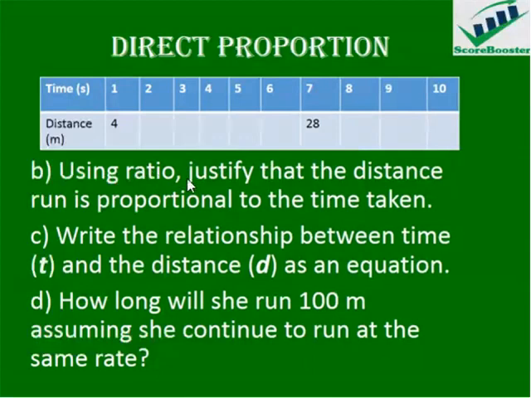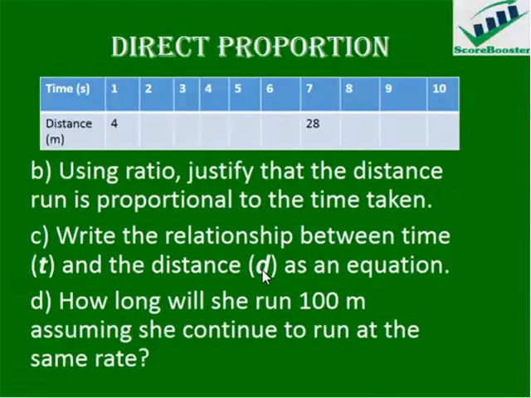So we have to find the ratio that justifies that distance run is proportional to the time taken. What you are going to do if you want to justify is that they must have the same ratio all through. The first time and distance must be equal to the second time and distance, up to the 10th time, 10 seconds, and the distance corresponding to that particular second.